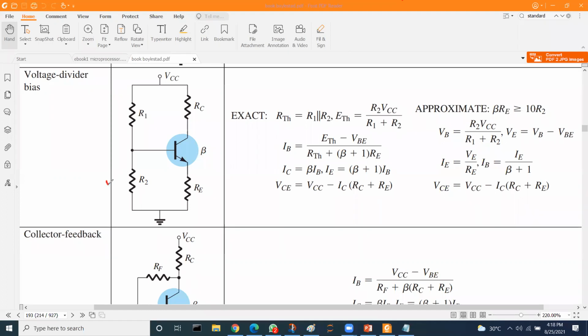The purpose of R2 resistance is to establish a voltage point here through the voltage divider circuit R1 and R2. So this voltage can be represented through the R Thevenin, the Thevenin resistance, and the formula is simple.